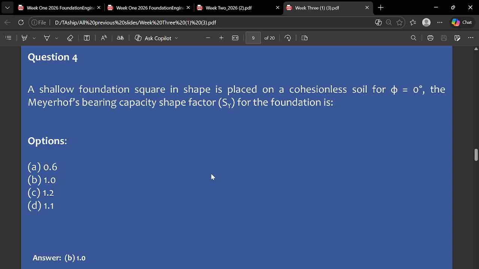If you have a certain type of foundation placed in cohesionless soil, find the values of the bearing capacity factors. The bearing capacity formula also changes with the shape of your foundation, the presence of the water table, the depth of the footing, and the load inclination.